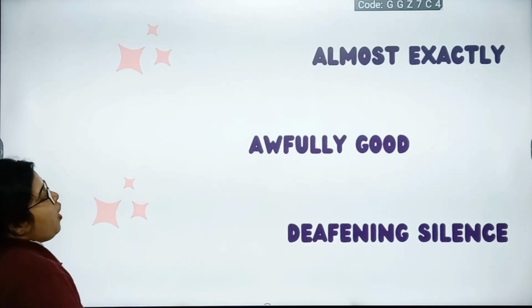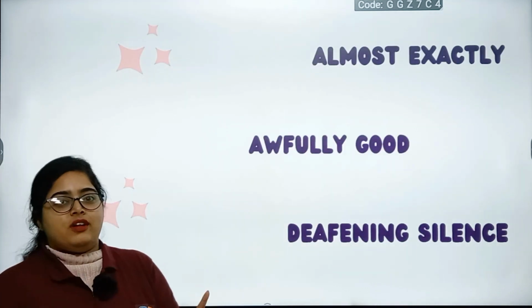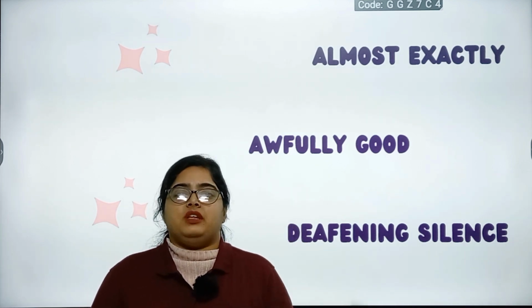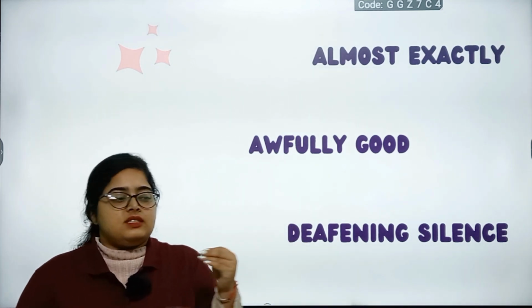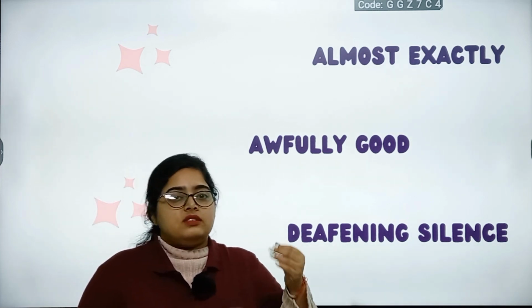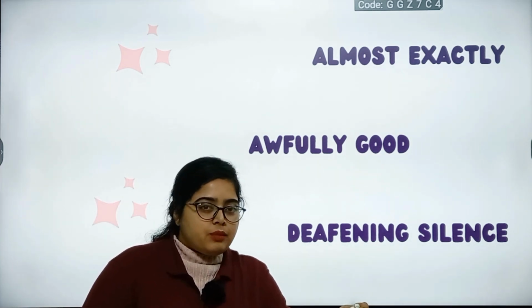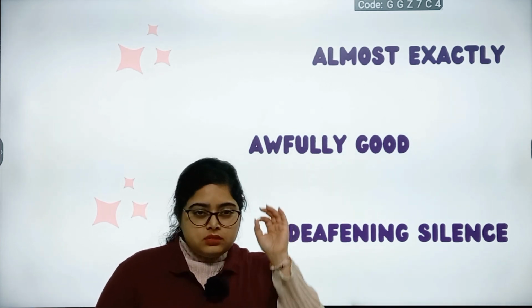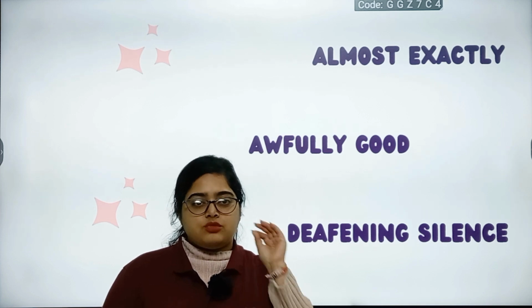Next, almost exactly. Now, almost and exactly, again contradictory words, again opposite meanings. Almost means something which you have done but it is not complete, or something which looks like that one but a little different. But exactly means what? Same to same, right? Point to point.